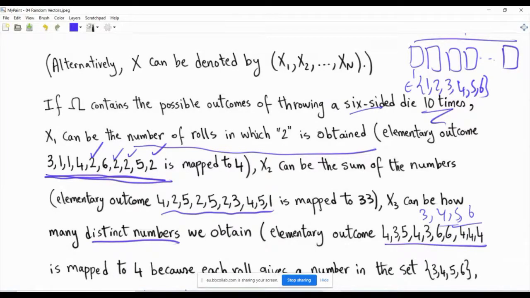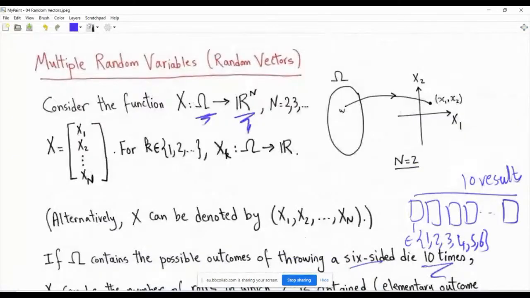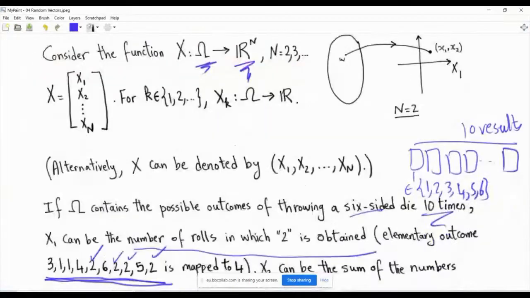So you can imagine that you have not just one random variable, but several random variables, and you can think of those as components in a vector, and this vector will be called a random vector. Okay, so this is very important. Again, in practice, it's rare that you have one application with just a single random variable. Typically, we have many of these.